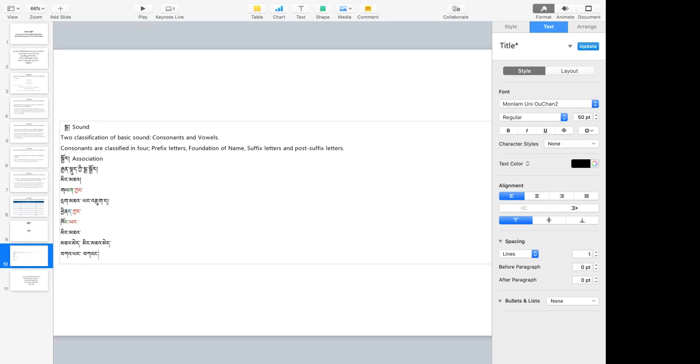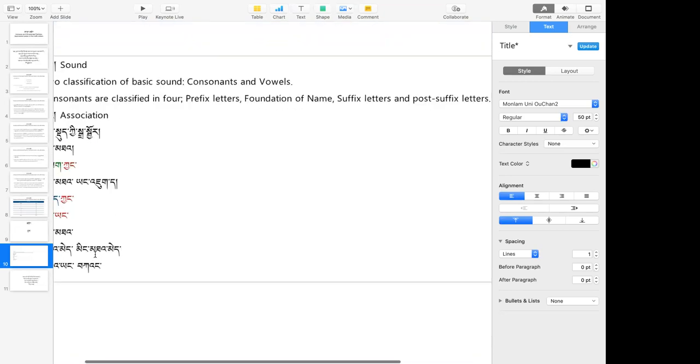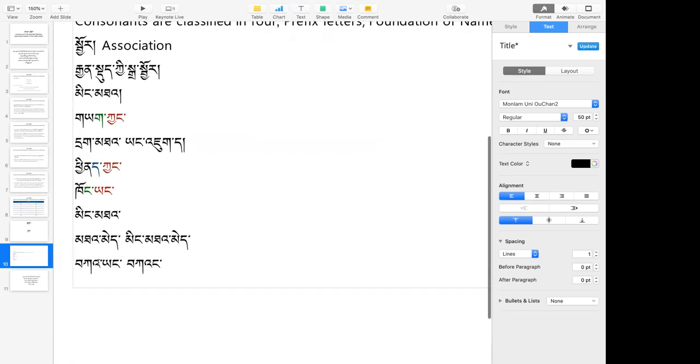Both of these are correct. So you can either use yang or ang in this case, as we see that in both of these cases the suffix letter is ha, and so the particle that follows it is either yang or hang.